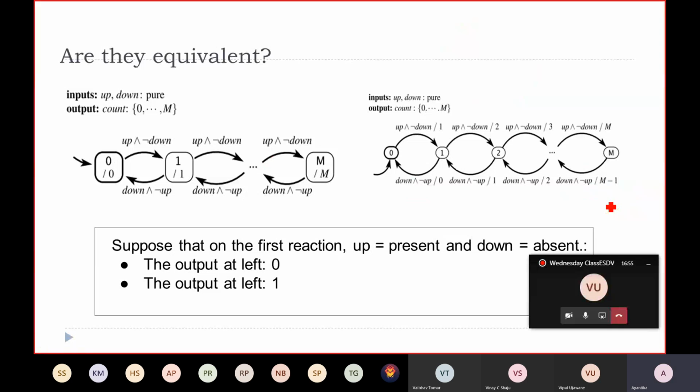Now another question. See this. This is the same parking counter problem. These are two quite similar FSMs, almost the same. These are not extended FSMs.